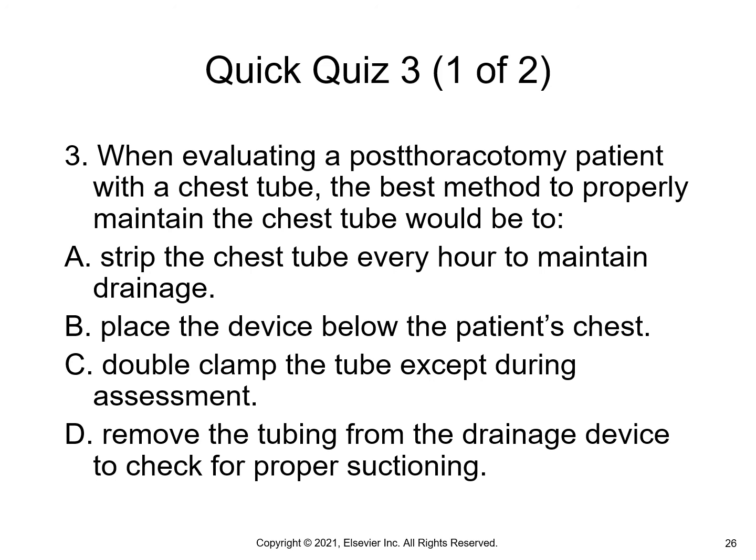You can't remove the tubing from the drainage device to check for proper suctioning. These are closed systems. So the real answer is to place the device below the patient's chest because you need that dependent drainage.